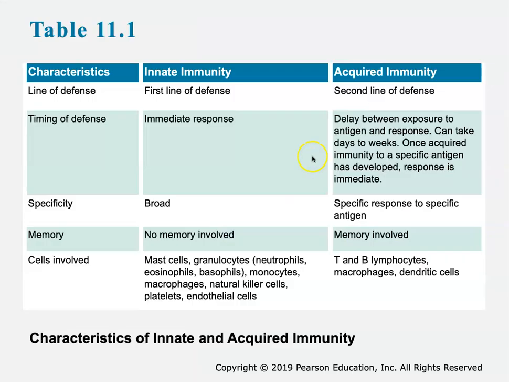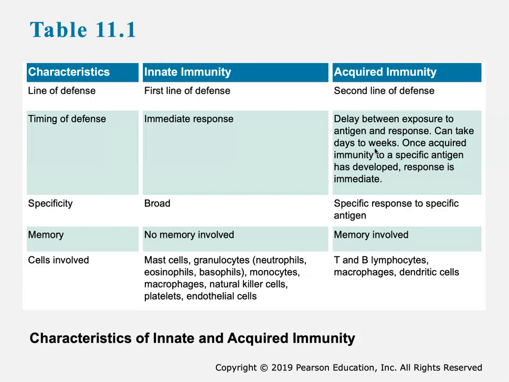Okay, if you want to compare these two, I think this table is super helpful. So innate immunity versus acquired in terms of line of defense. Remember I said innate immunity is the first line of defense, acquired the second line, okay? In terms of timing, the innate immune response is going to happen right away, okay? For acquired, it's delayed, because the body has to produce these antibodies in response to that antigen, okay?